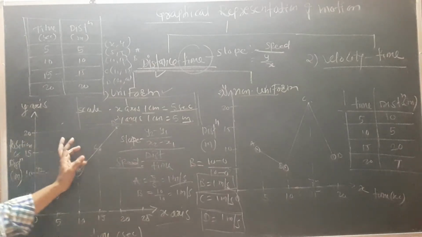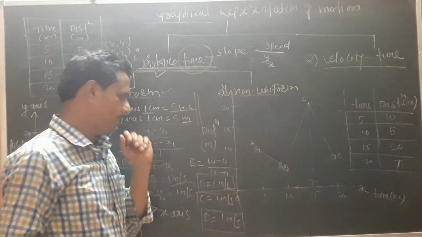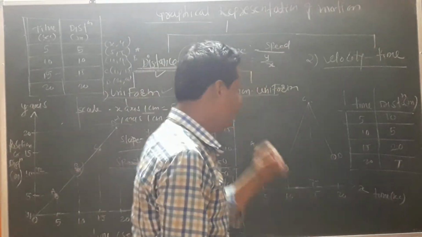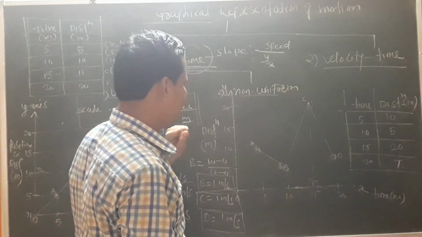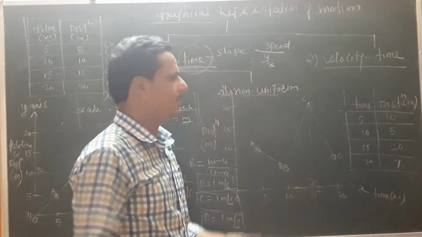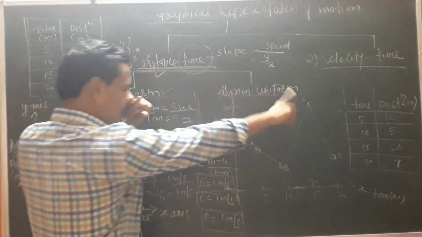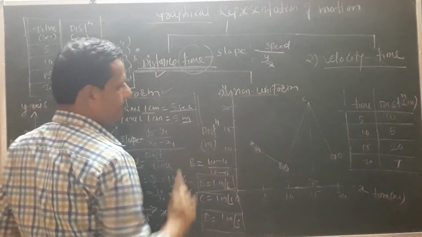Now let's go for non-uniform motion. Again the same: the x-axis represents time, the y-axis represents distance. The scale is the same here as I mentioned before.